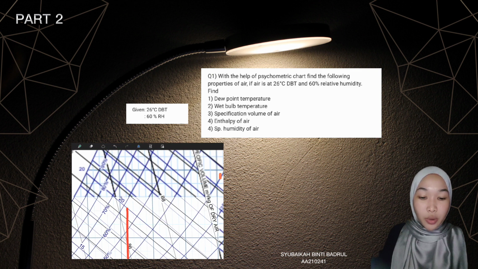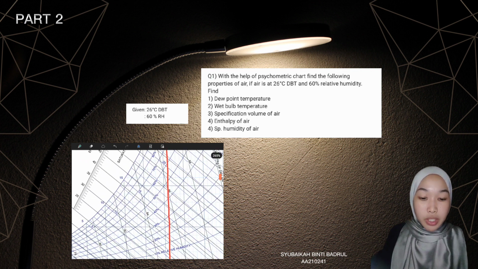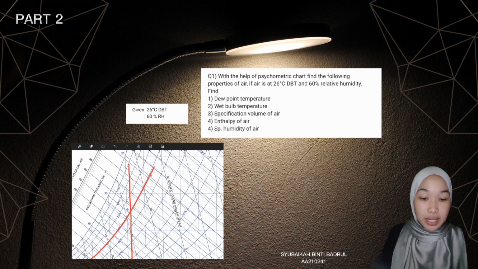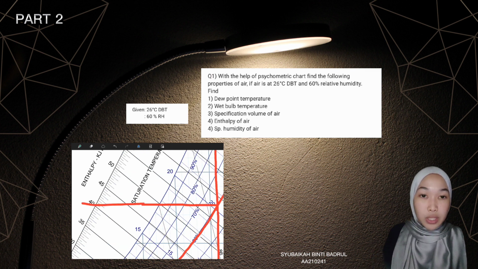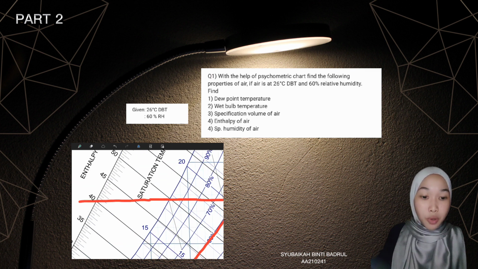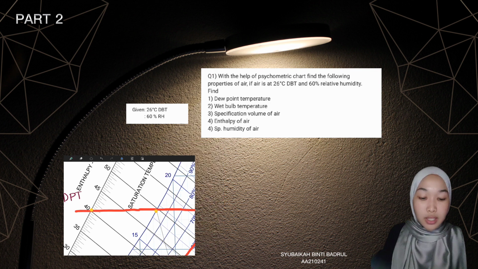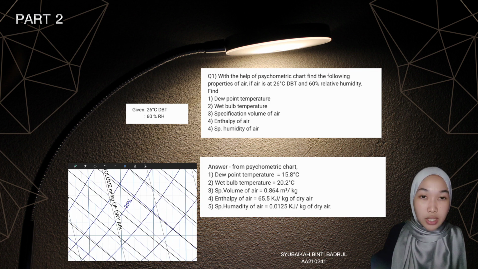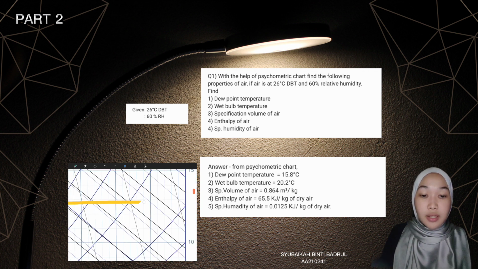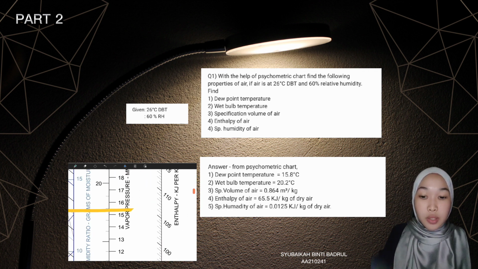First, we have to see here, we take the dry bulb temperature, which is the 26 degree DBT line. We take it till it meets the curve at relative humidity 60%, and once it is plotted, we extend this line. We got dew point temperature as 15.8 degrees Celsius. And when we extend this line to the right side, we got specific humidity as 0.0125 kg per kg of dry air.